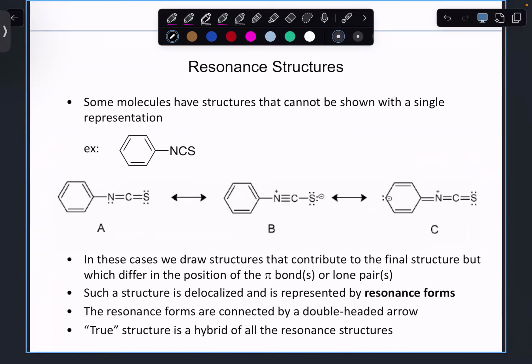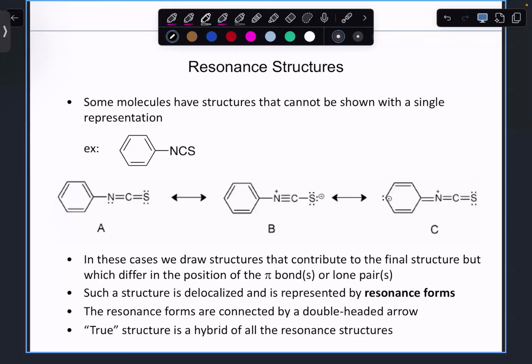So some molecules, especially molecules that involve pi bonds and lone pair electrons, a single structural formula is just not sufficient to describe the true molecular structure.